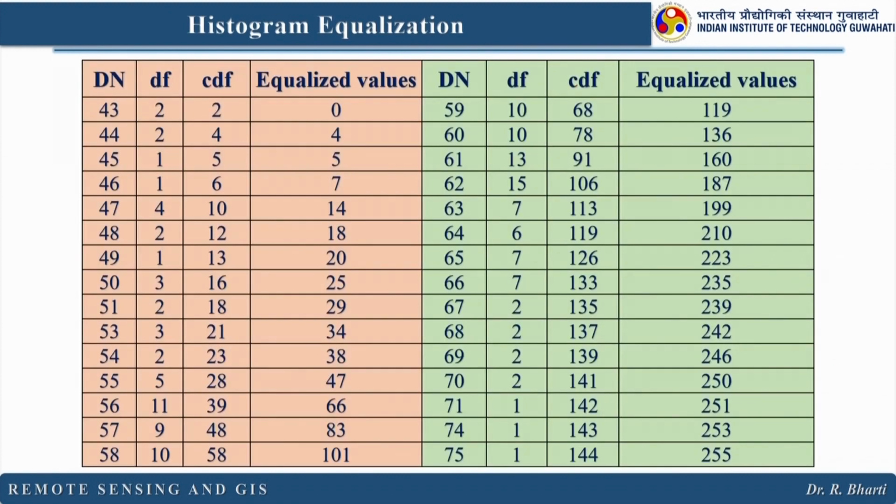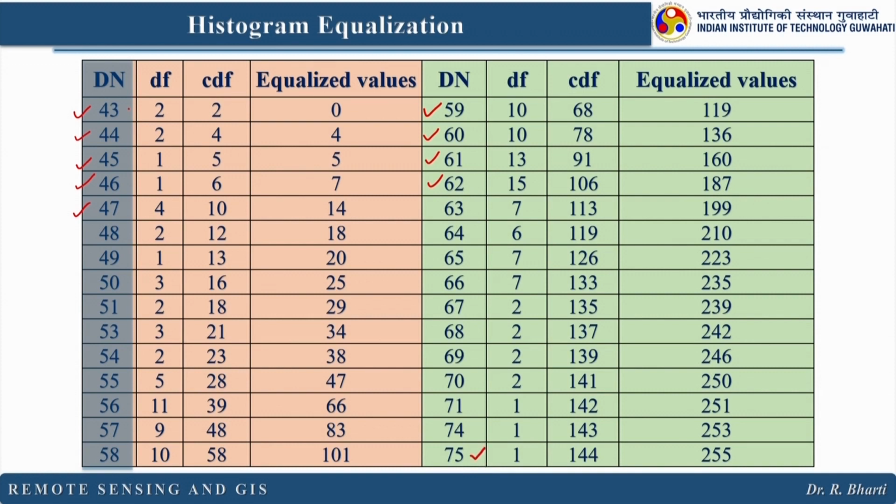First of all, we need to identify the unique DN values from the image or from that matrix. So, these are the unique DN values, right, and it continues here also. It starts from 43 and ends at 75.